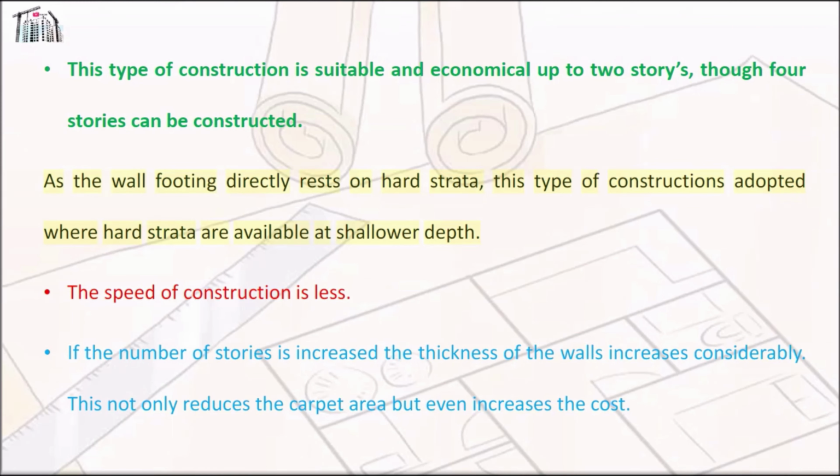As the wall footing directly rests on hard strata, this type of construction is adopted where hard strata are available at shallower depth. The speed of construction is less. If the number of stories is increased, the thickness of the walls increases considerably. This not only reduces the carpet area but even increases the cost.